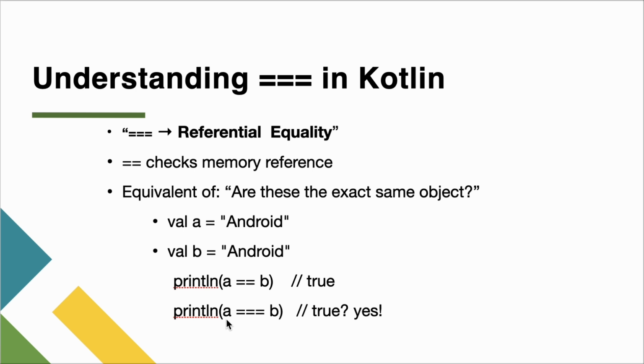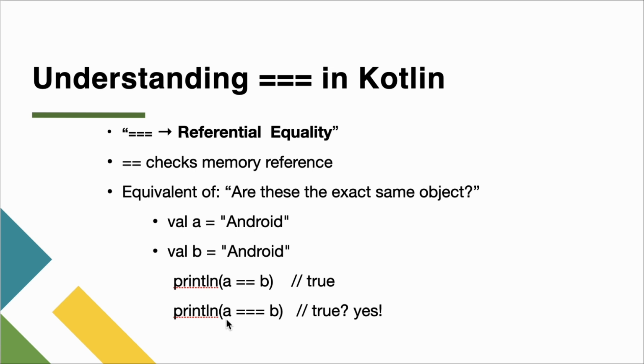All right, now let's talk about the triple equals. Guys, this is the strict one. This one says, are you literally the same object in memory, the same address, or the same instance? Think of it like this. If two people have the same favorite color, then that's double equals. But if two IDs refer to the same exact person, then it is triple equals.